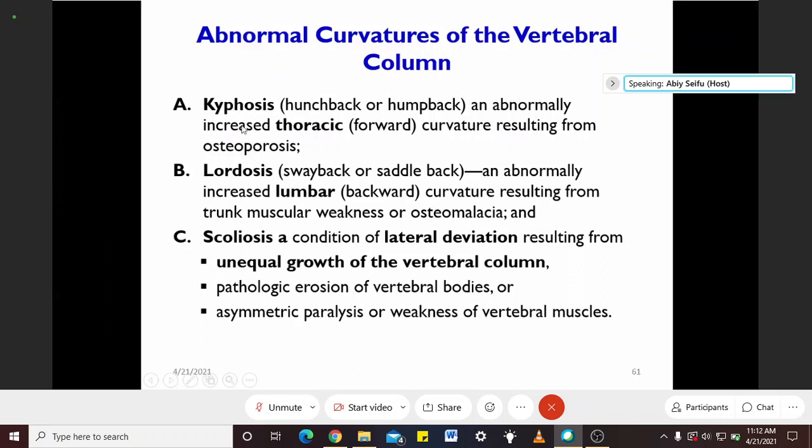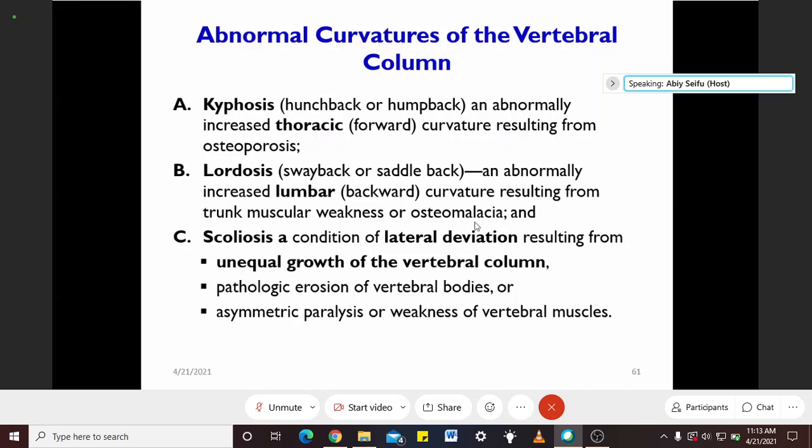The opposite of kyphosis is lordosis. Kyphosis and lordosis occur in different regions of the vertebral column. Kyphosis occurs majorly in the thoracic region, whereas lordosis occurs in the lumbar region. Lordosis may occur temporarily in pregnant women, as well as in obese people.